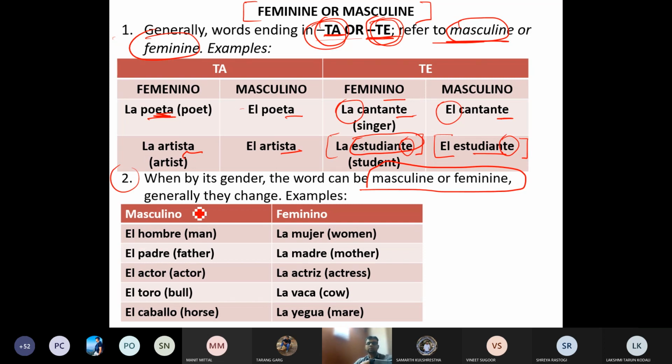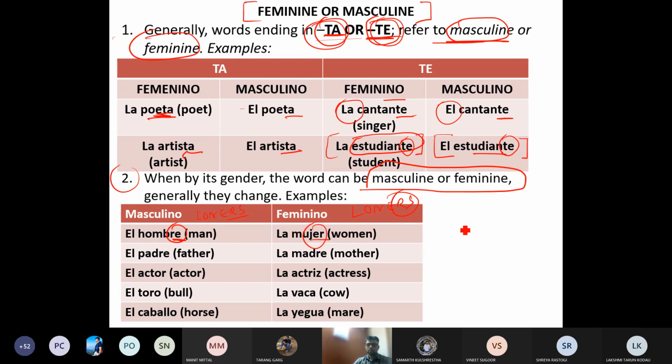So the example which is given here is hombre and mujer. If you see these two examples, hombre is fine, it is following the -r rule. But with mujer, it is also following the -r rule.